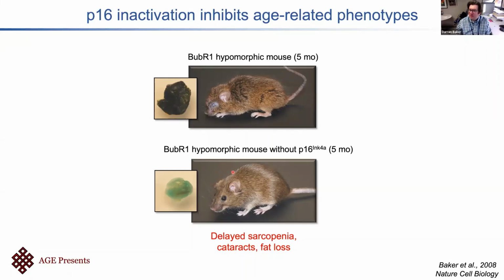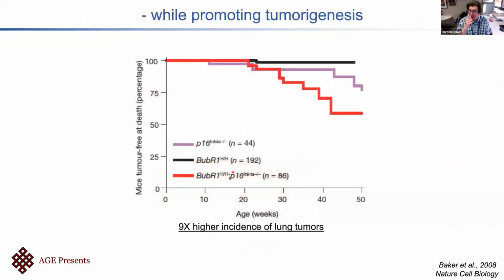So we were able to really delay these aging phenotypes by not allowing the animals to express P16, but that came at a consequence to these mice, where they were now more tumor prone. So in a way, the experiment was successful in demonstrating that aneuploidization and the loss of this tumor suppressor gene synergized to develop tumorigenesis, but the aging phenotype became extremely interesting for us to try to explore.